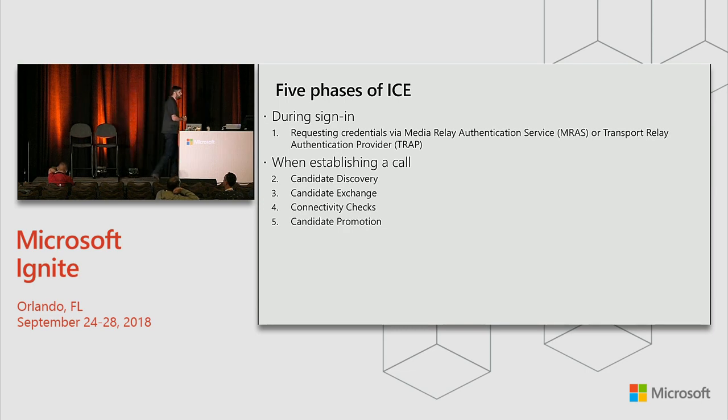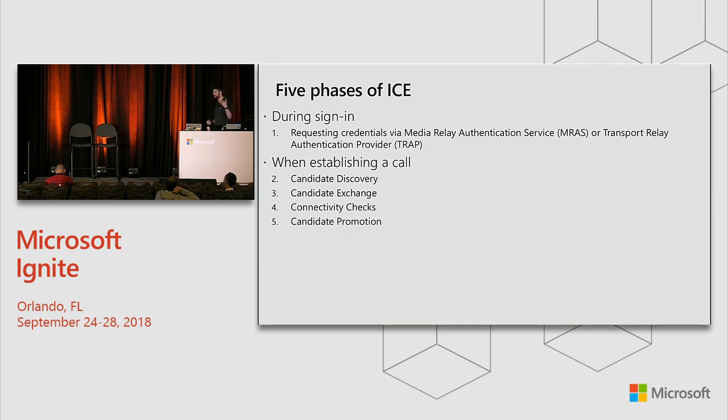As you might have guessed, the Media Relay Authentication Service, Media Relay, is no longer being used by Teams. I put it in here because we usually talk a lot about MRES credentials. They don't exist anymore because there is no Media Relay, so no MRES. Now they're called TRAP, or the Transport Relay Authentication Provider credentials.